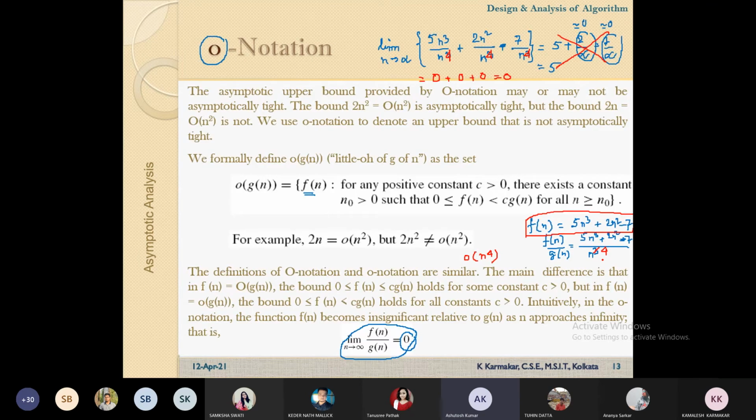Now, we are discussing another representation, small omega. Sir, I have a doubt. In the previous example, you said we use small O notation only where it is not possible to calculate a tight bound, but in the given function we can calculate the tight bound.